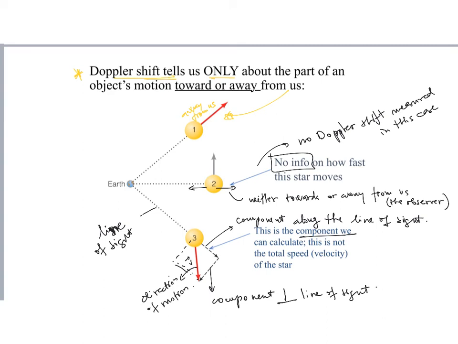And the Doppler shift, if we measure anything about this object, is only going to be about the part of motion along the line of sight. We're not going to have any information about the perpendicular part. All right, so that was the cautionary note.